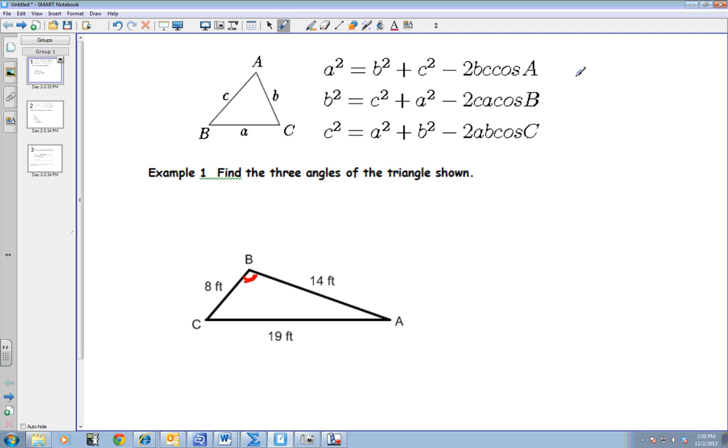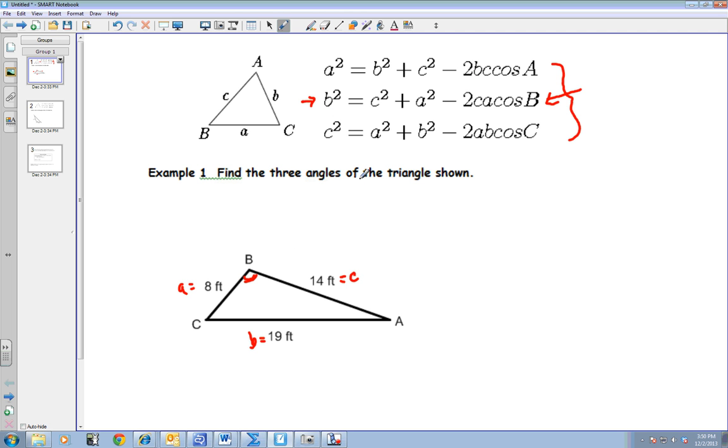So I'm going to have to look at my equations and figure out which one I'm going to use. Obviously, I have to use one that uses angle B in the equation. And there's only one that does that. This one right here. Now remember, how do I know which side is A, B, and C? The sides are opposite their angles. So here's angle A. That means this is side A. Here's angle B. That means that this is side B. Here's angle C. So opposite that is side C. So now we're just going to take these numbers and plug them into this equation.